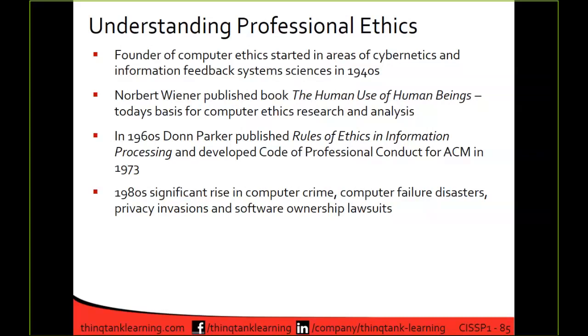But over time, that has changed in that the technology has become less and less expensive, and it's become a lot easier to use.